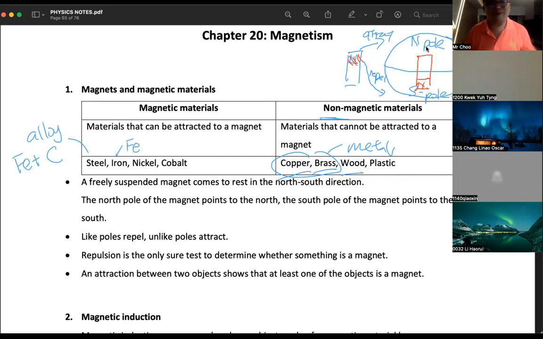Just like our conventional and electron current, the opposite one. It doesn't make sense. For the north of the magnet to point to the North Pole of the Earth, the North Pole should be the South Pole of the magnet. So the north, where Canada or Russia is, is the magnetic South Pole of the Earth. Clear so far?